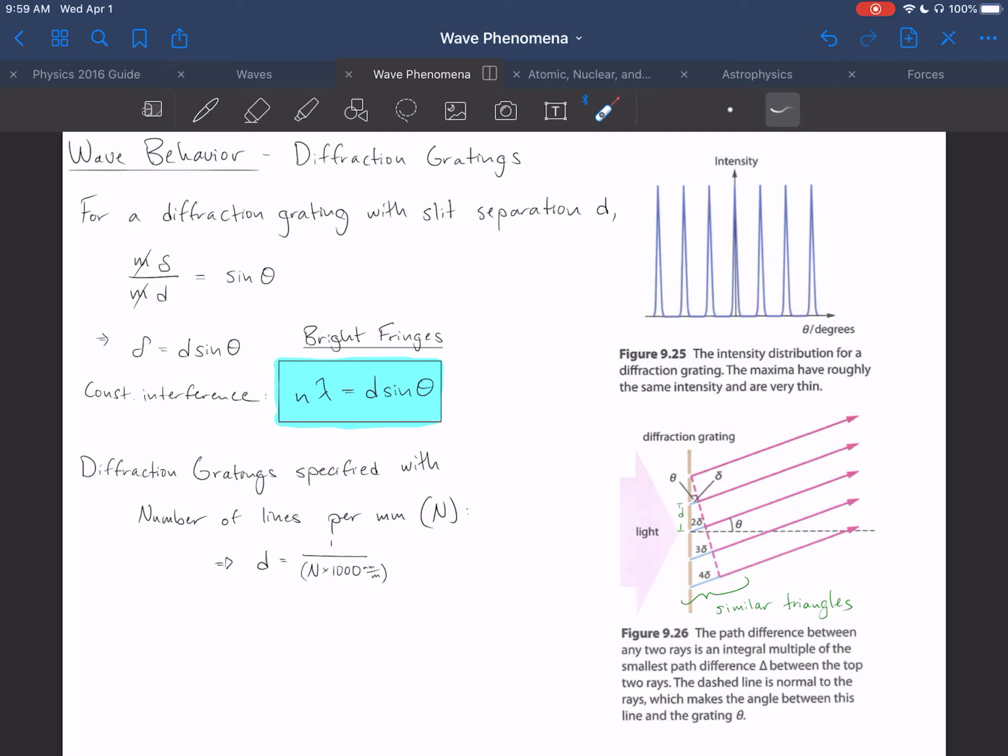If you take the number of lines per millimeter, invert it, and convert that per millimeter to per meter, then d is equal to 1 over n times 1,000, and so you can use the diffraction grating equation, n lambda equals d sine theta, by using this simple conversion for your diffraction grating.